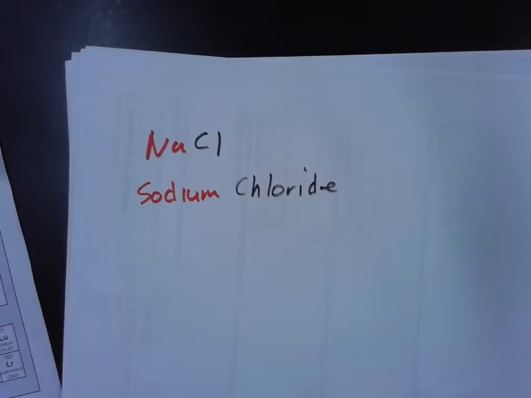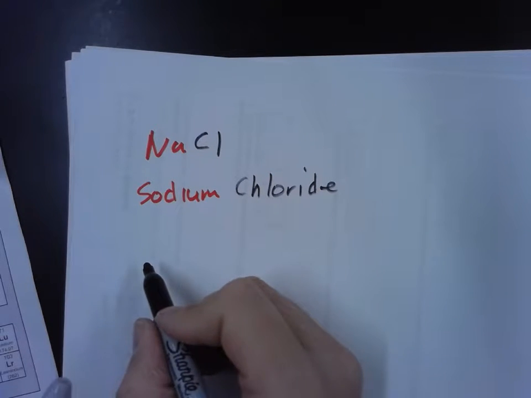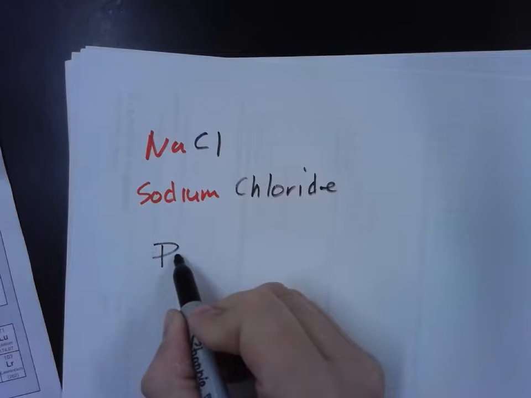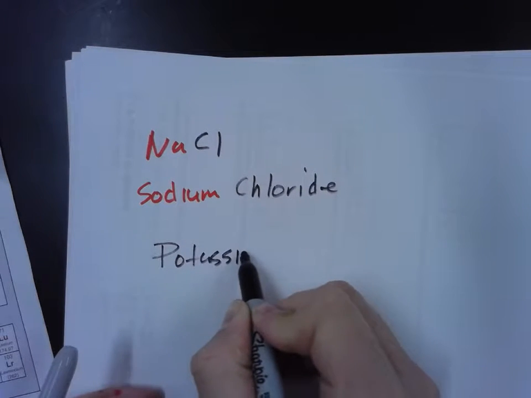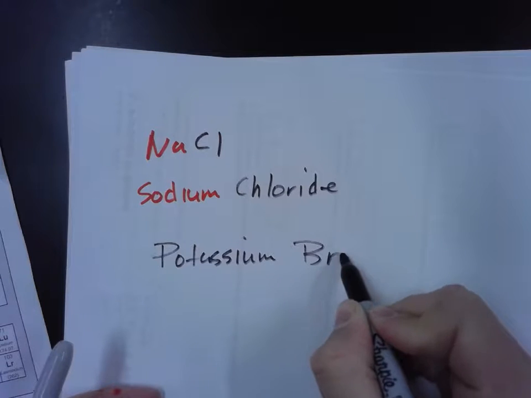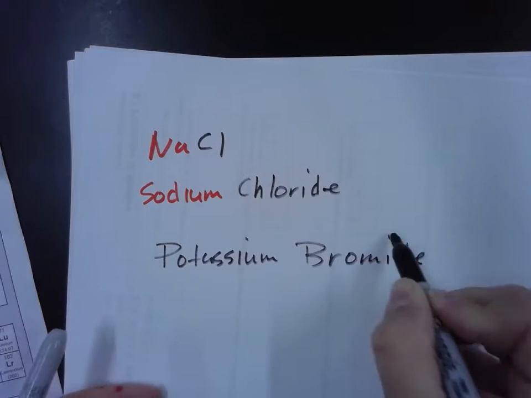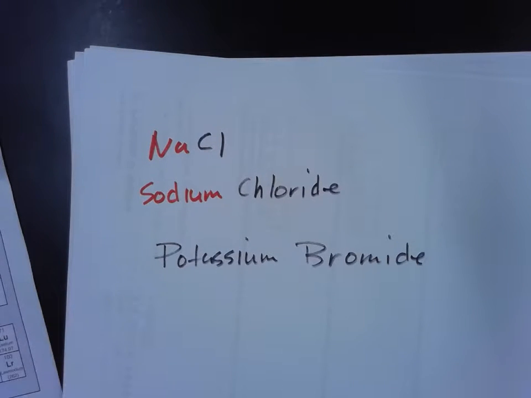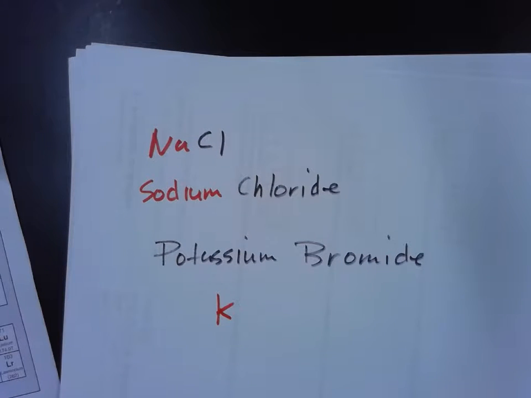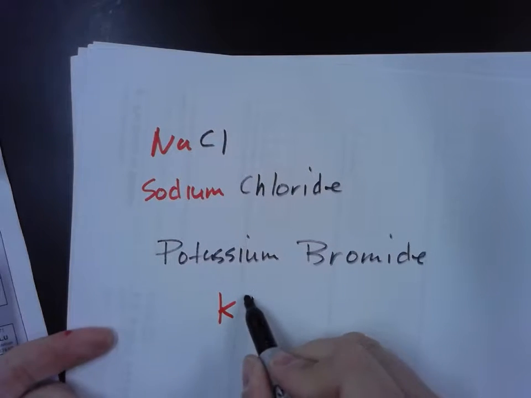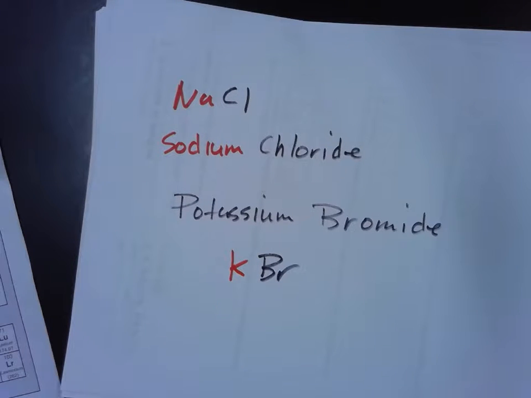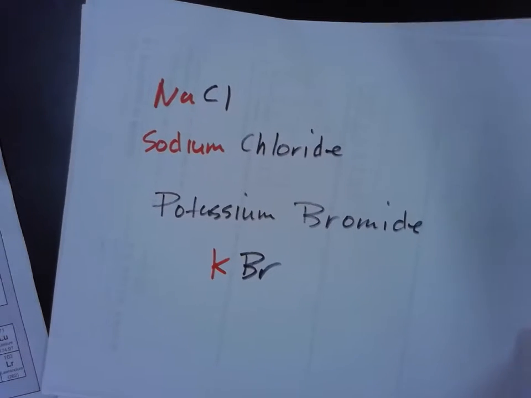Let's say potassium bromide. Well, that's K, potassium, and bromine, Br, like so. Okay, that's fairly easy.